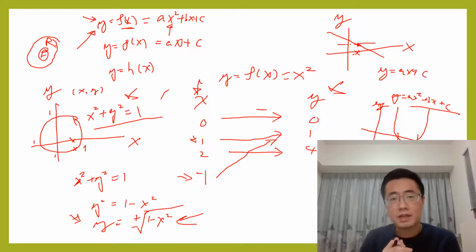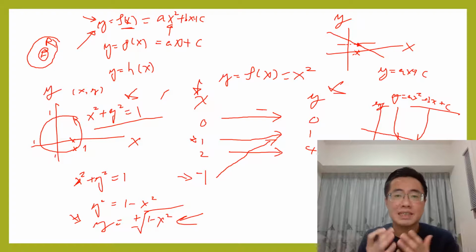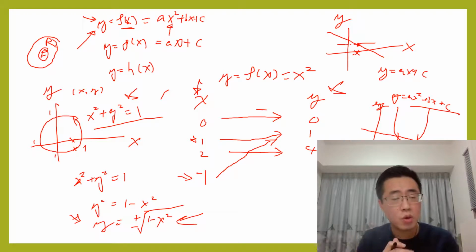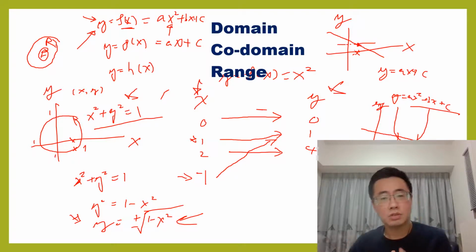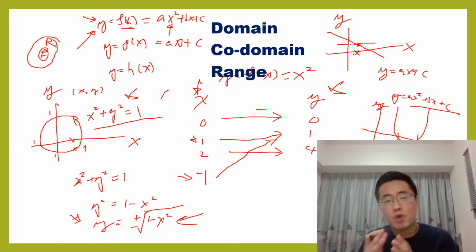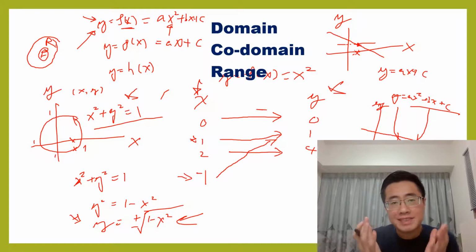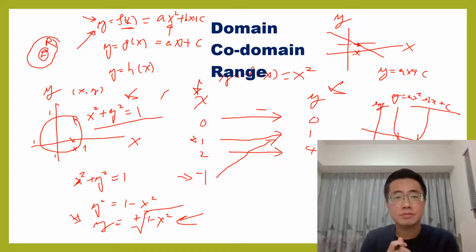When it comes to function, there are some terminologies you also need to know about, which are domain, codomain, and range. So domain represents the set of all the values of x under consideration, and the values of x usually refer to real values.